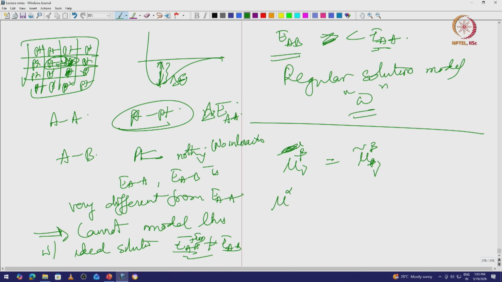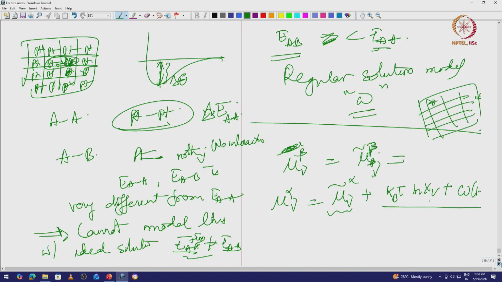But in the alpha phase, I am going to assume alpha to be a regular solution, plus kBT ln x_v plus omega times (1 minus x_v) whole square, right. So this is how for a regular solution the activity splits up, into kBT ln x_v plus omega x1 squared, that is (1 minus x2) whole square.